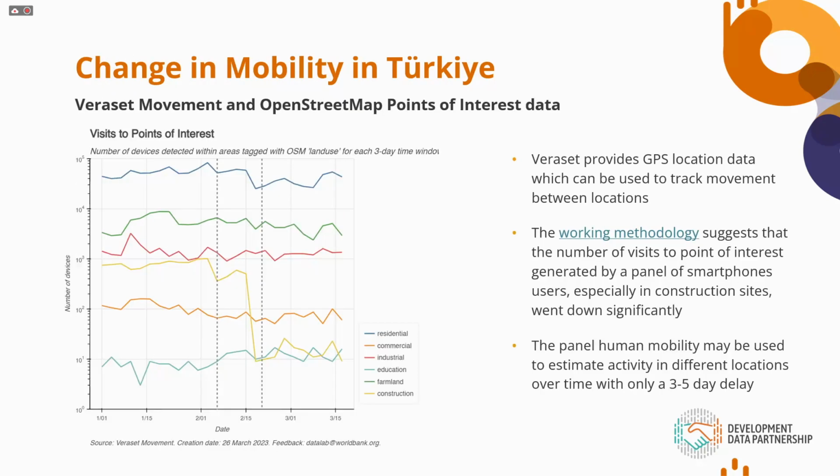This can be seen with a small amount of delay because of how the data comes in, but this is still an extremely granular data set that allows you to see which areas have less mobility and which areas had more mobility and how that corresponds with the crisis that occurred in the country.